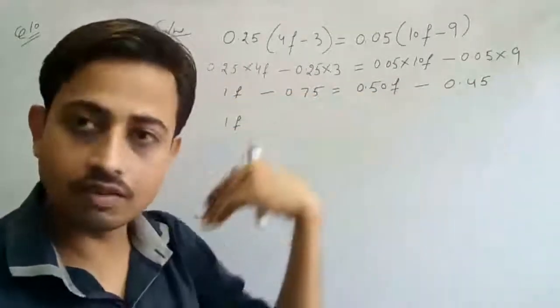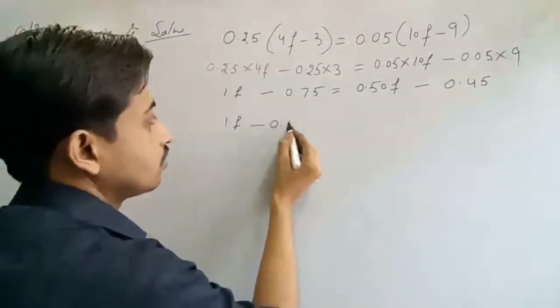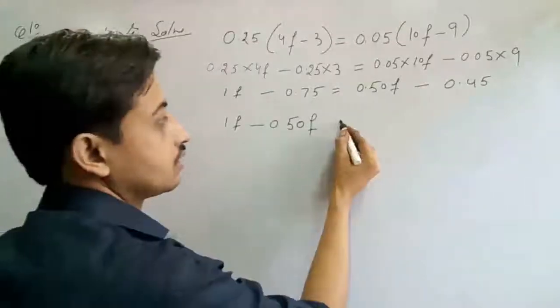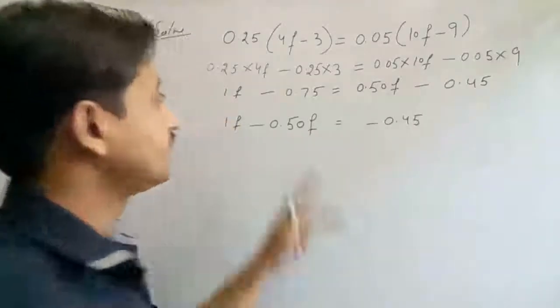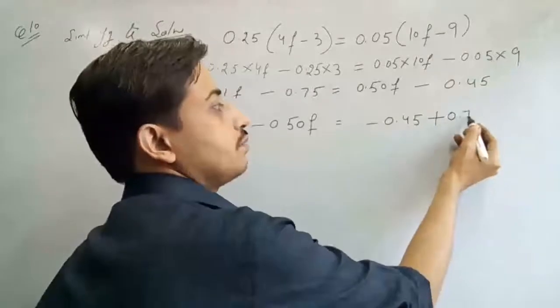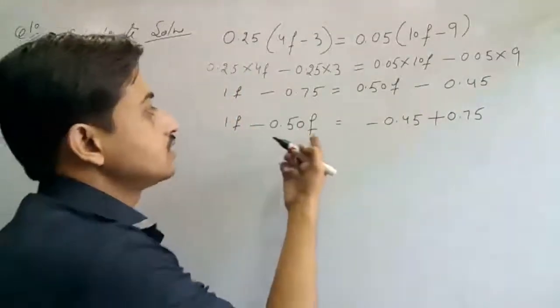So take it on the left hand side. Here the sign is positive. If we take it on the left hand side, the sign becomes negative. Same here, the sign of 0.05 is negative. If we take this negative 0.75 on the right hand side, the sign becomes positive. Now solve this. This is 1 and this is 0.50.